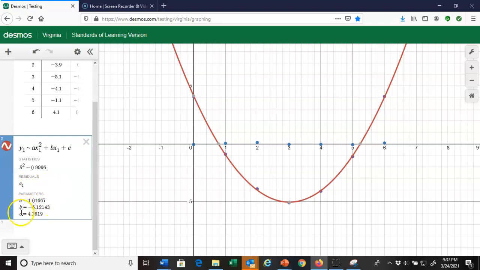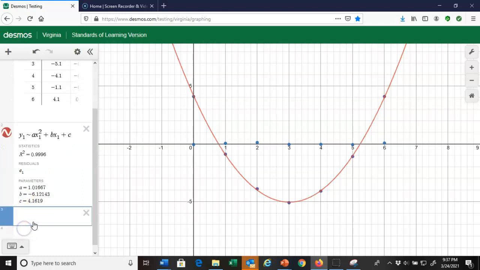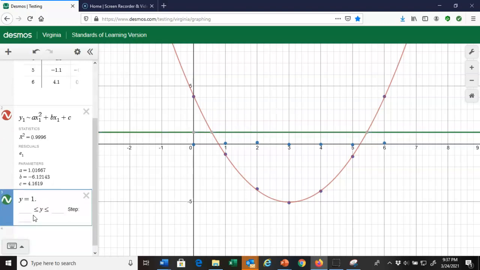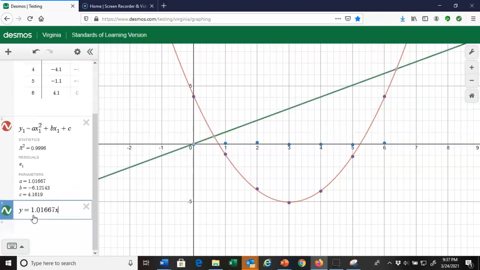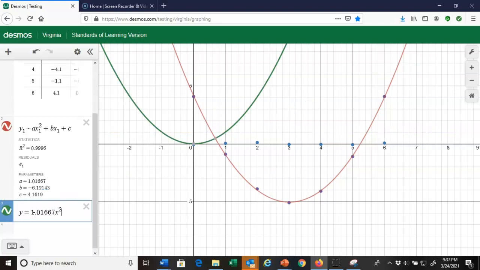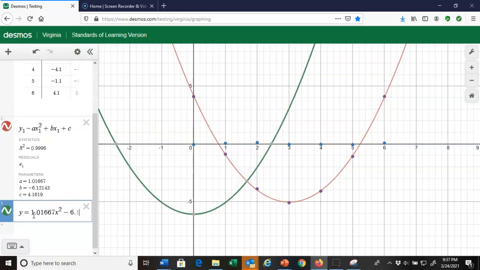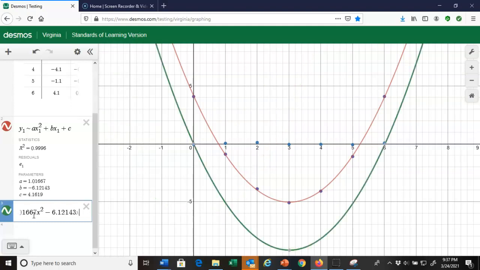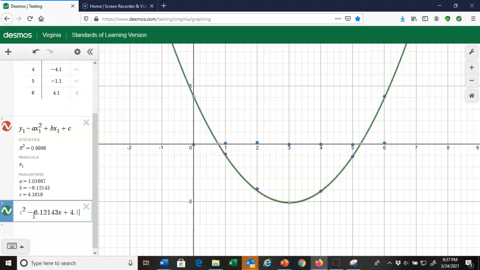So here's the a, b, and the c value. So to get the function, all you do now is plug a, b, and c into the equation. So we would have y equals a is 1.01667 x squared plus b is, I'm going to do minus 6.12143 x plus c.